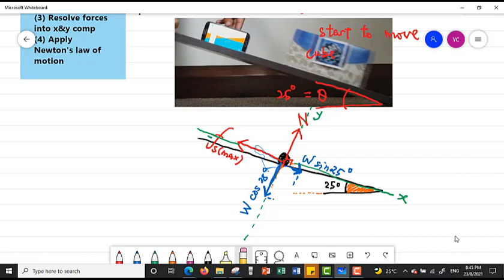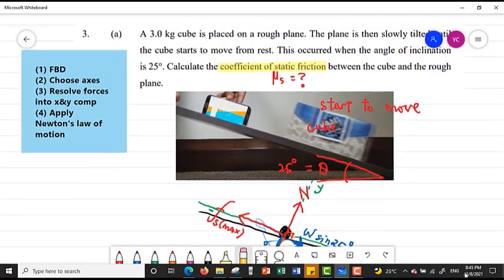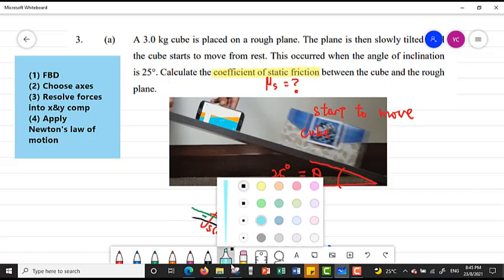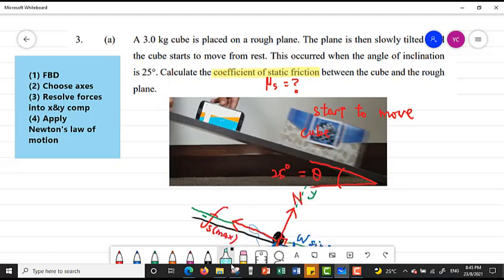So which Newton's law of motion I need to apply? So I find the keywords in the questions. If you refer to the keywords in the question, it says the cube start to move from rest. It just start to move. Dia baru nak bergerak.